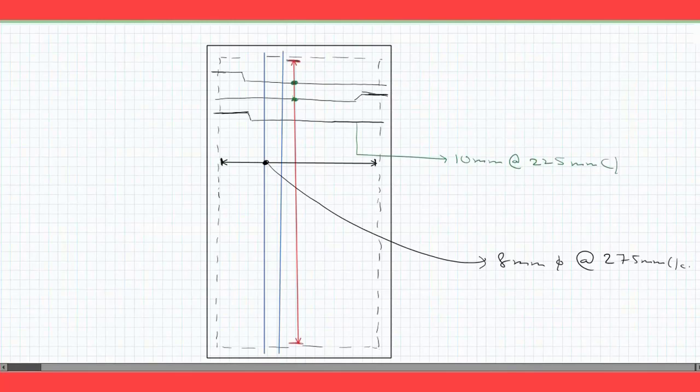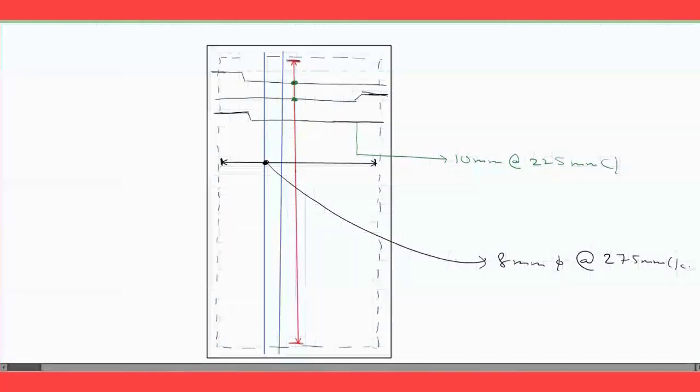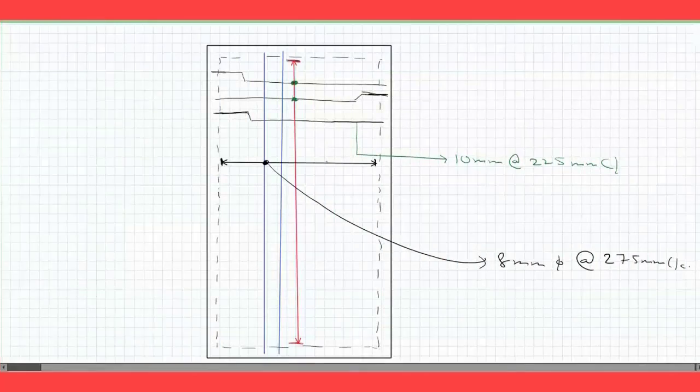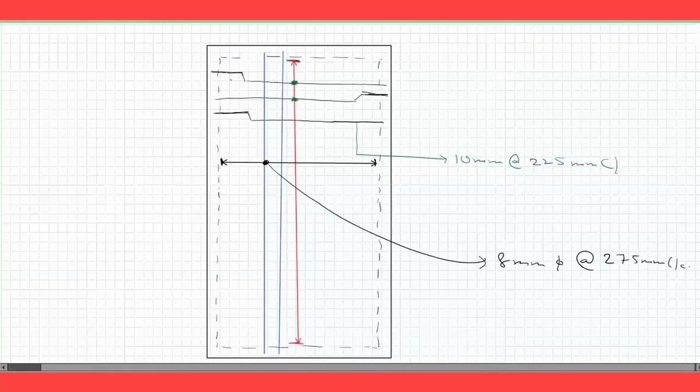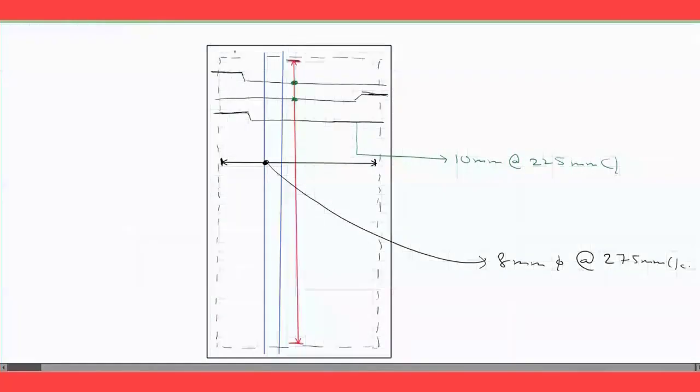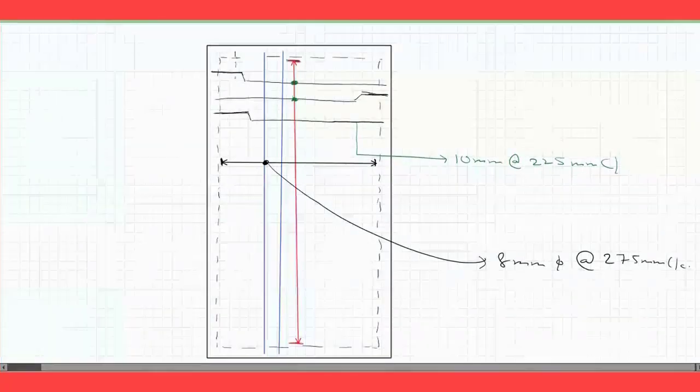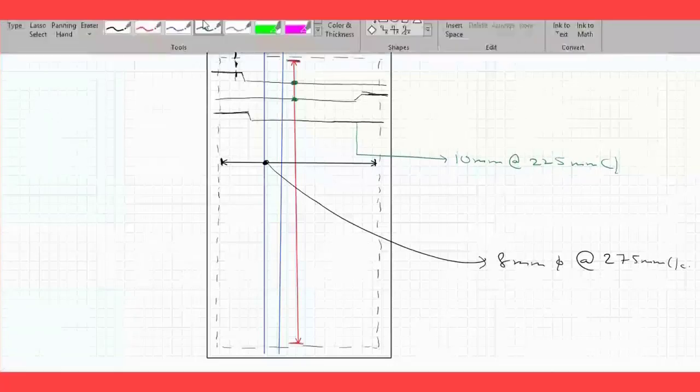Apart from that, please see this bar which you see over here. This has been cranked at the top, at the tension side. And you remember when we discussed secondary reinforcement, you place secondary reinforcement on the tension side also. So here I'll be drawing a dotted line, using the blue color itself.